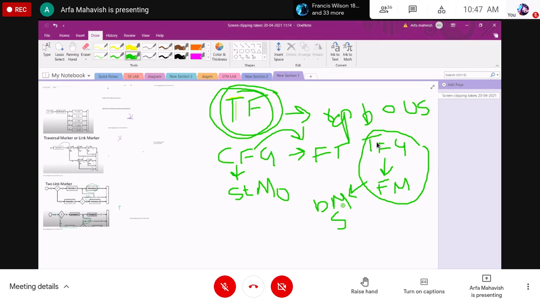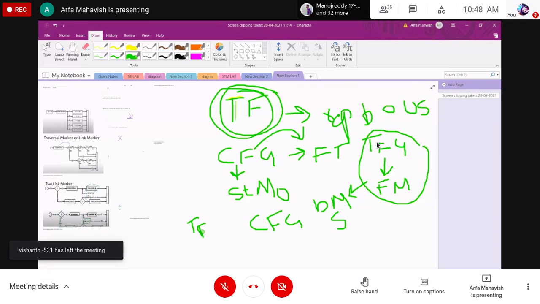And both the control flow graph and the transaction flow graph are powerful.